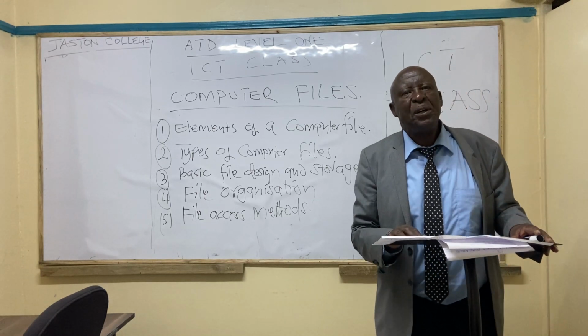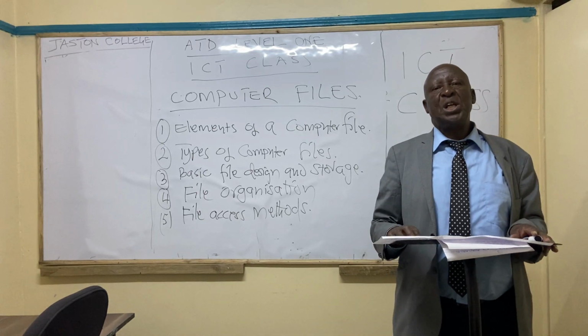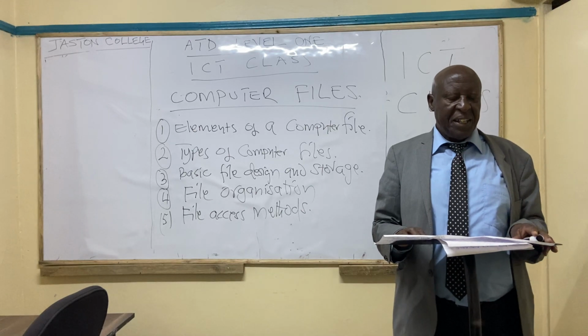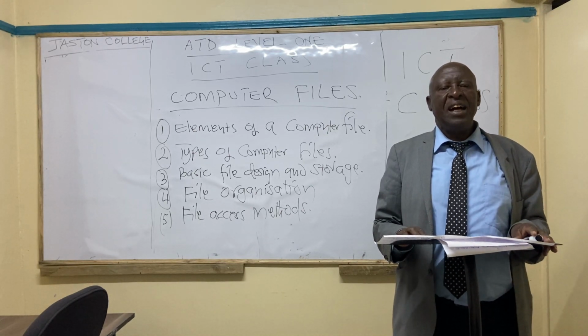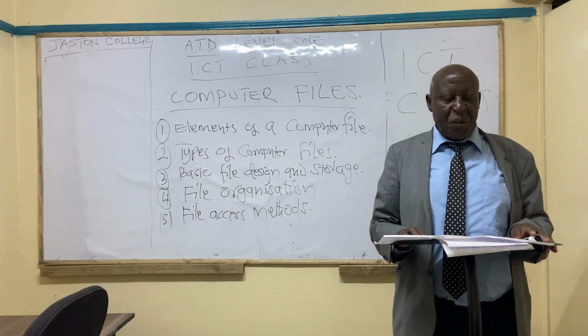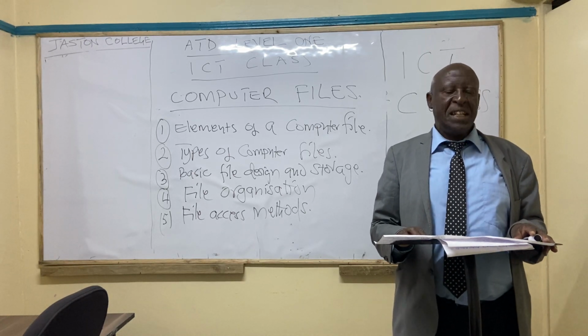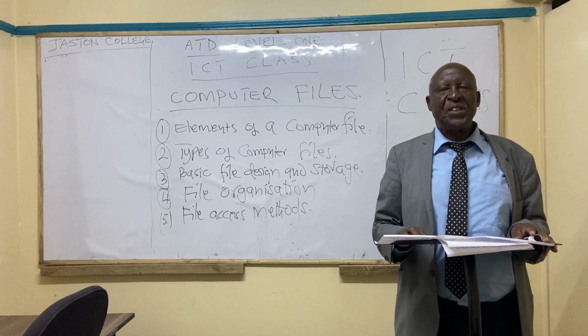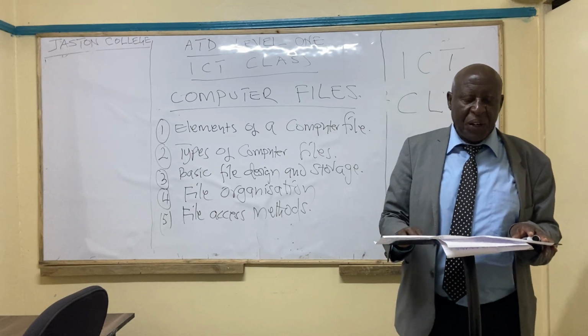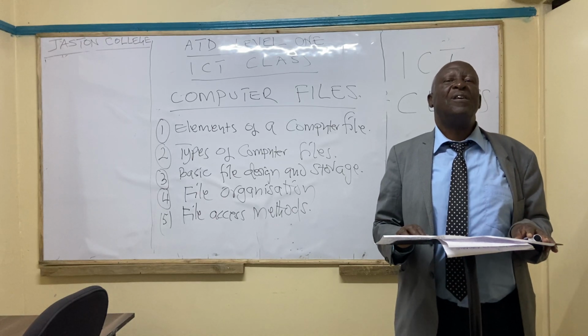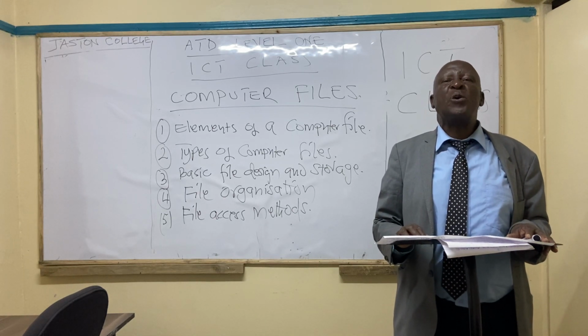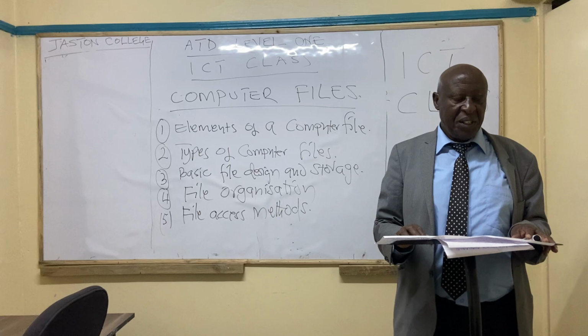From a field, we move next to the record, and I will define what a record is. A record is made up of a number of related fields. For example, a student record or an employee payroll record.